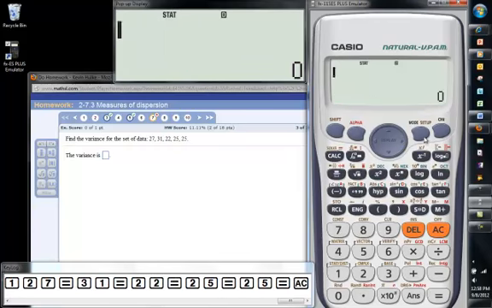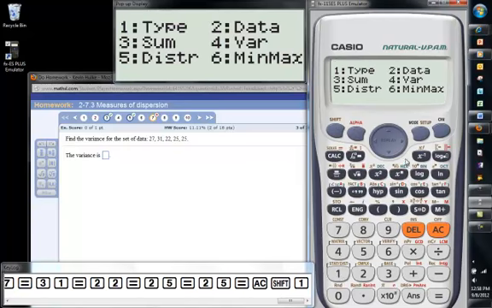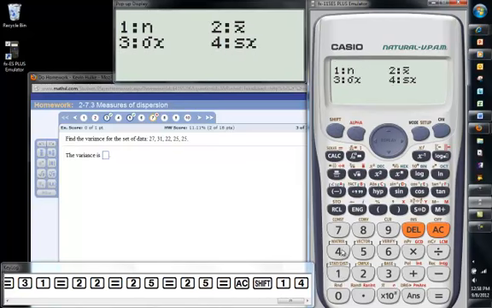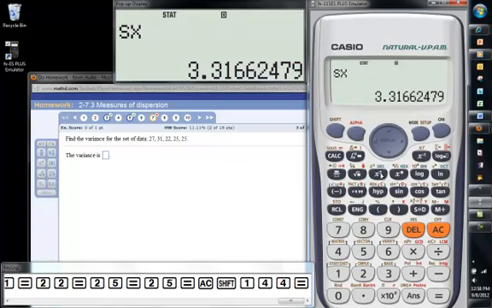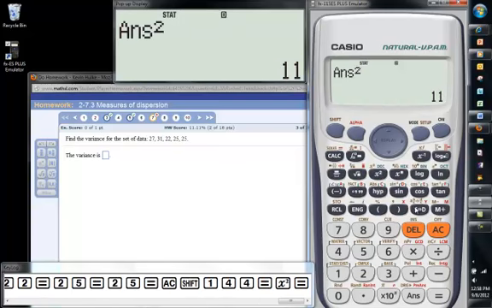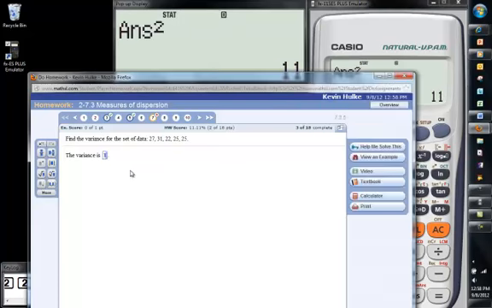Now, finding it the easiest way, we would press Shift, Statistics, Variables, and then number 4 gives us the standard deviation. And now if we square that, it tells us that the variance is 11.